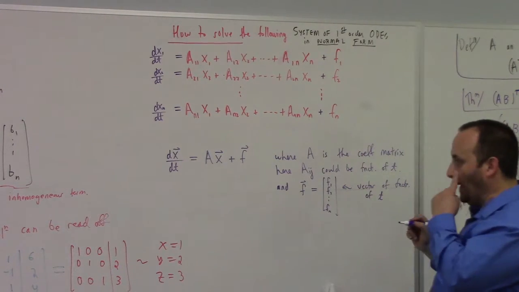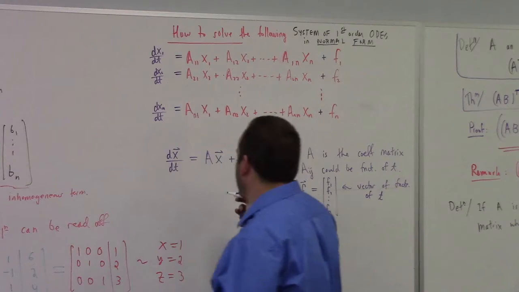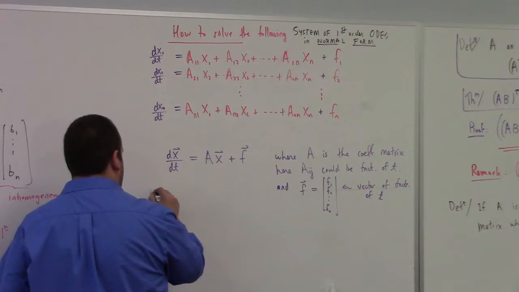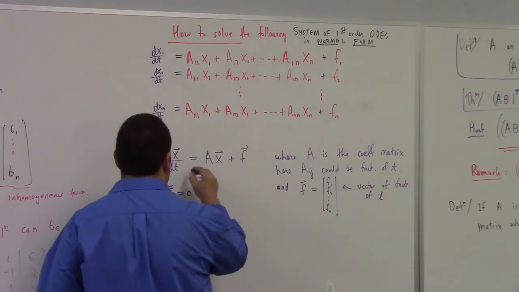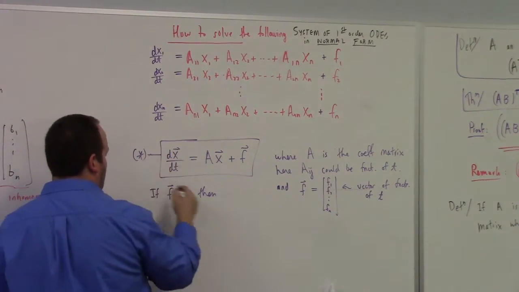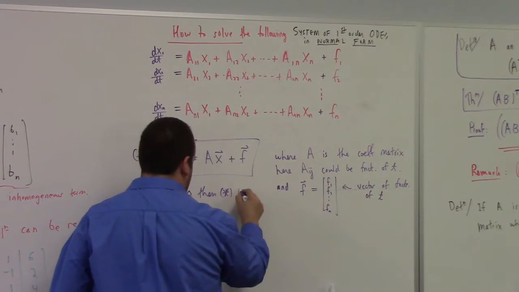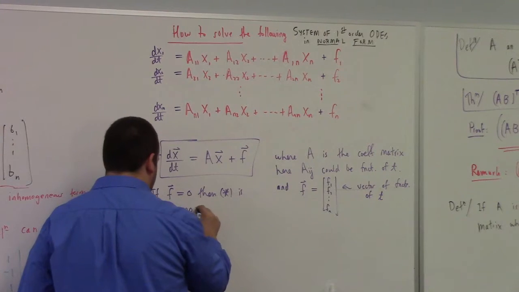In the case that f is equal to 0, then, let me give this thing a name, star is a homogeneous system.